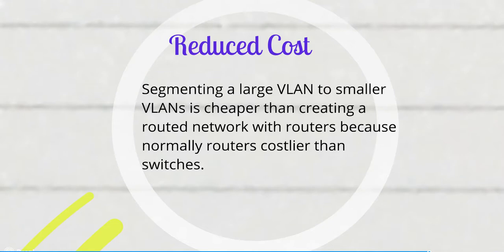So it would really save cost for a company if they set up their network using VLAN, or you can even make a VLAN within the VLAN, which depends on the structure of the network, the need, and the setup of the company.